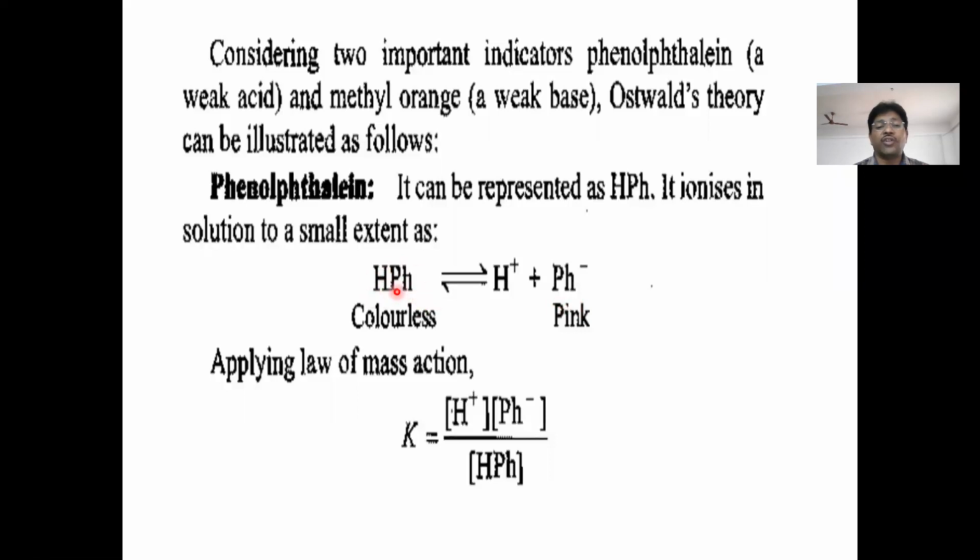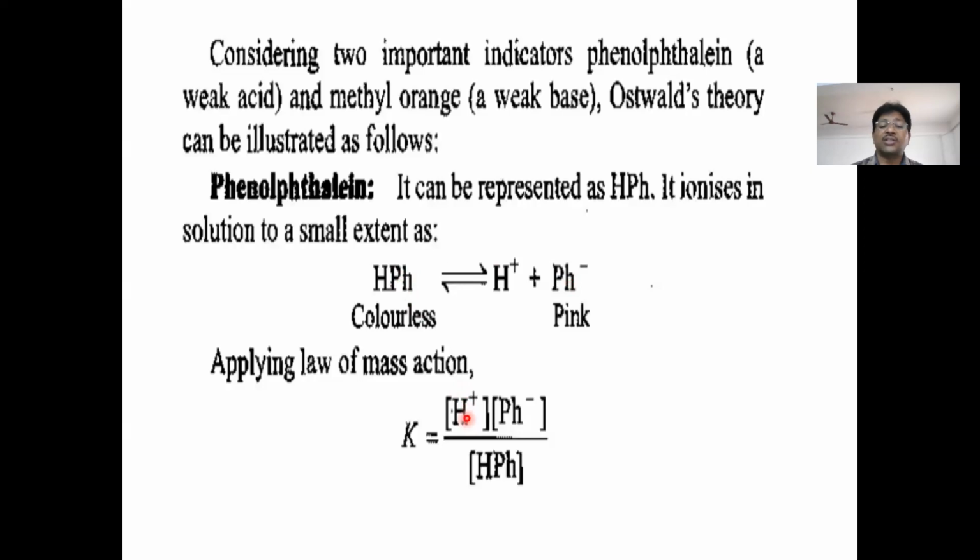The original nature of phenolphthalein is colorless. But it turns pink in basic medium only. In basic medium only, this weak acid will dissociate. That's why the color of phenolphthalein in basic medium is pink. In acidic medium, dissociation will be very less. That point we have to understand. Next, applying the law of mass action, the ionization constant is equal to the concentration of products by reactants.